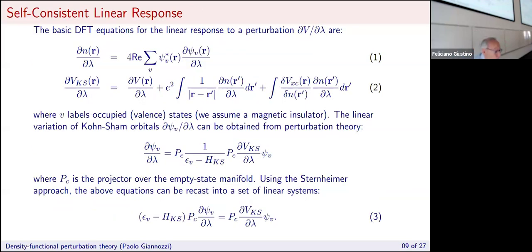Instead of many linear systems to be solved, one per occupied state, where the connection between the many linear systems happens via the charge density, which depends upon the linear response of the charge density, which depends upon the solutions, what you find is a big linear system for all of those objects all together.